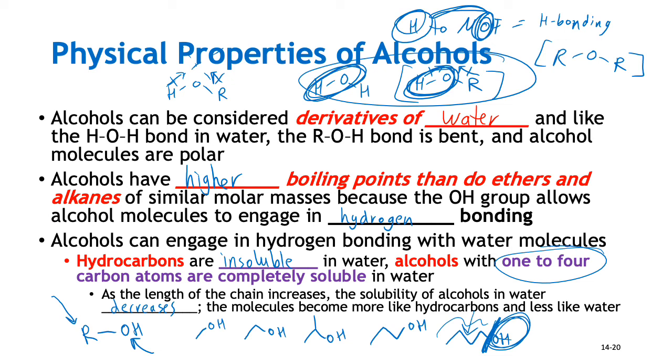carbon chain. Now, whenever you exceed that 4 and you get to 5, now the alcohol starts to lose, and it's no longer soluble in water, but it will be soluble in organic solvents, okay? I hope that makes sense.